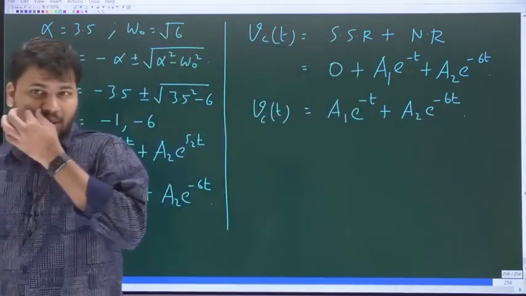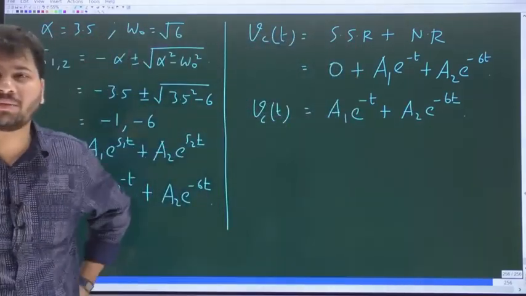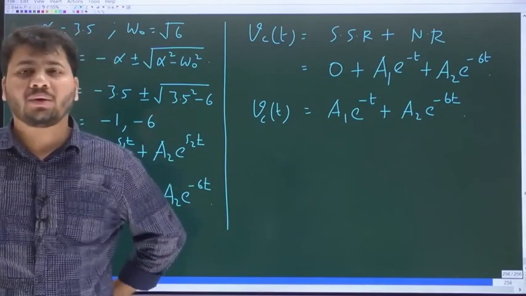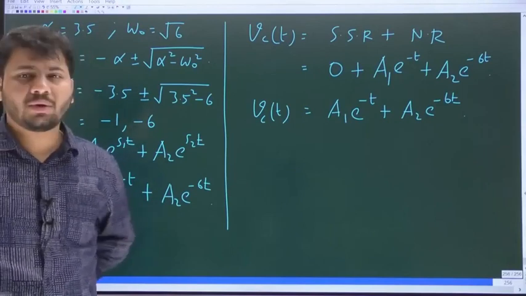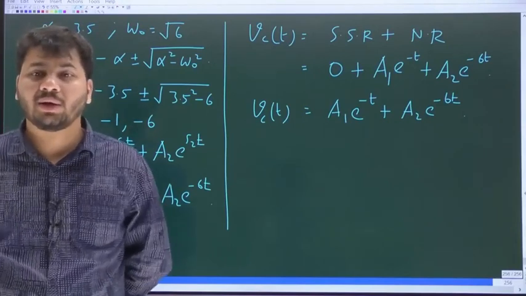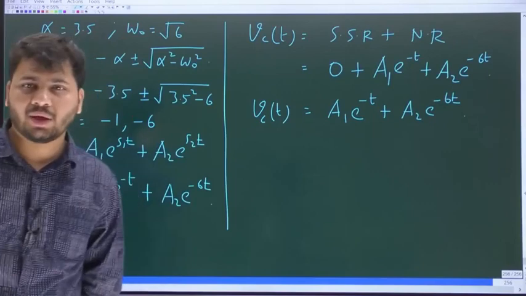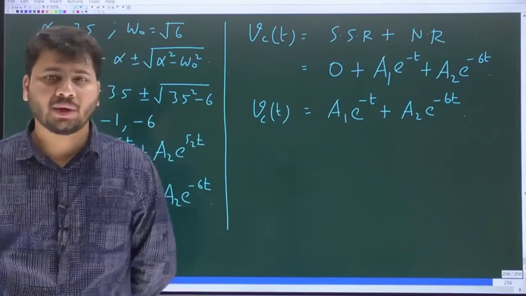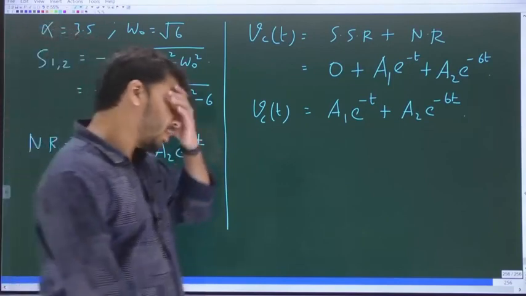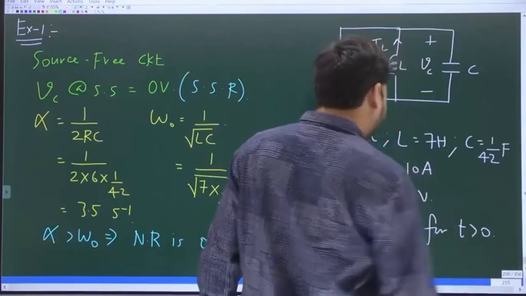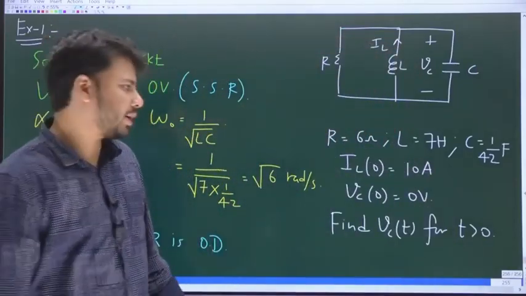As you can see, in the complete expression for Vc of t, there are two unknowns, A1 and A2. To solve for two unknowns, we obviously need two equations. How do you get those two equations? From the two given initial conditions. Let us go back and look at them.